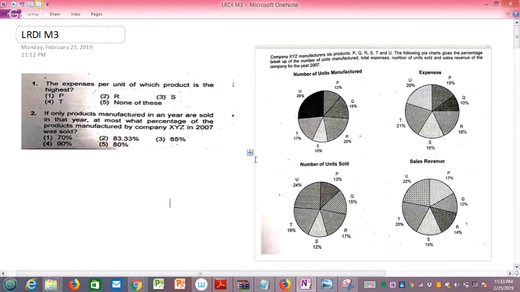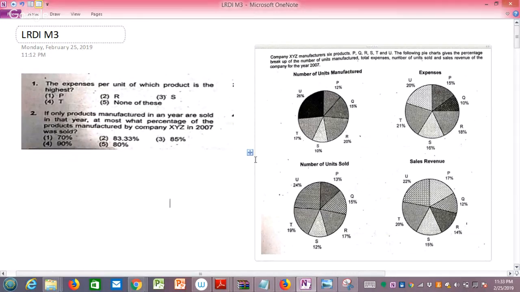There is a pie chart given for each: units manufactured, expense, number of units sold, and sales revenue. I need to find out certain answers based on that.